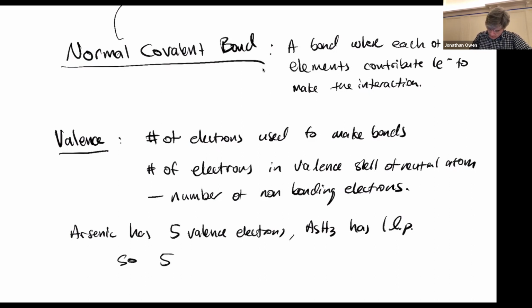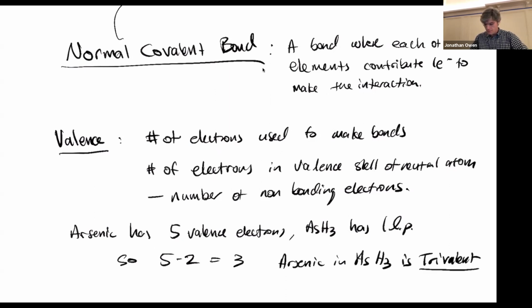So 5 minus 3, sorry, minus 2 equals 3. So arsenic in AsH3 is trivalent. Easy.